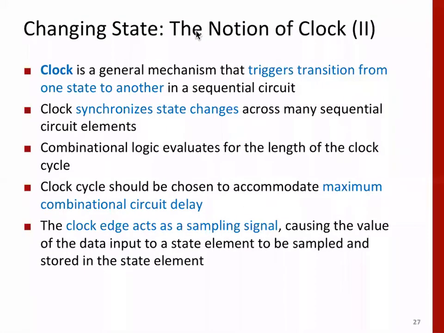So this is again a description of that. We have combinational logic circuits. In between we have state, these registers. Basically in one cycle, the combinational logic circuit should do its task, and then at the end of that, the state gets registered in a register.